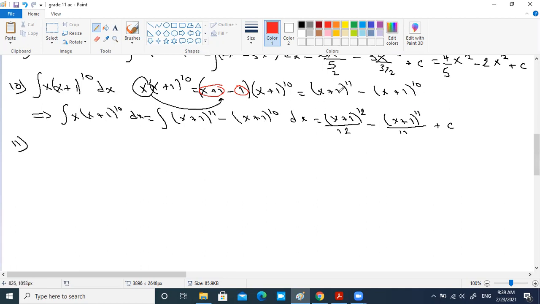هلا الانتجرال لكل وحده منهم لهود الاثنين صارت سهله. ليه؟ لانه under the form of ax plus b عادي.